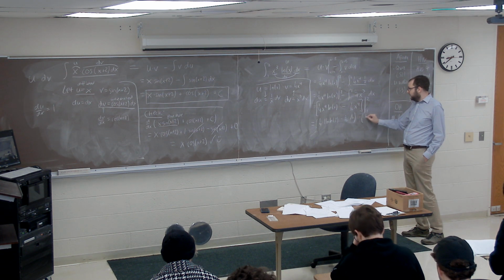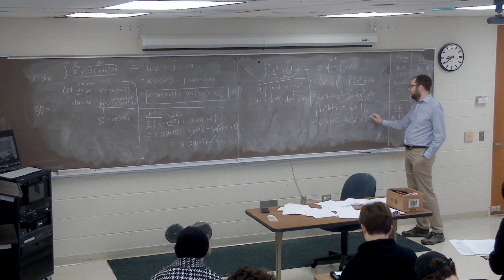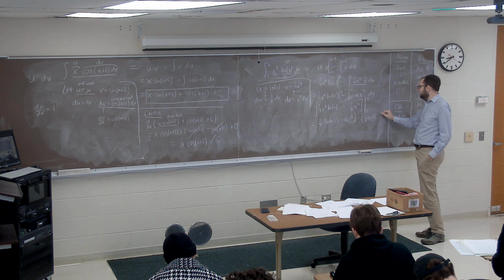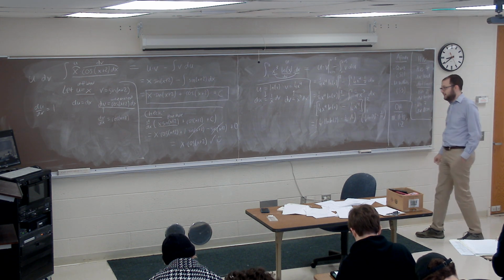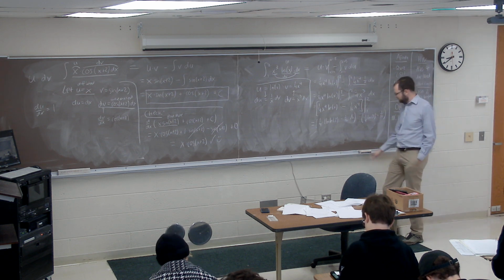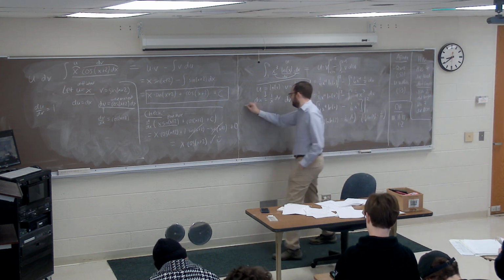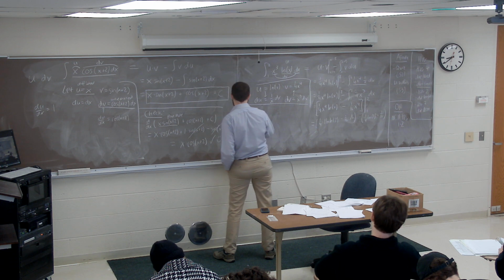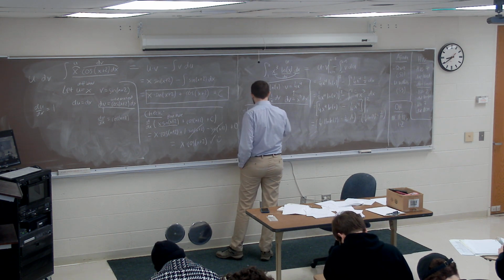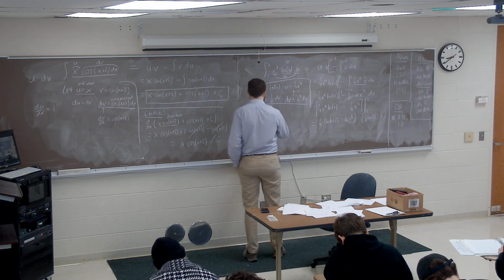Minus 1/4 times 1 to the 4th times natural log of 1 minus 1/16 times 1. I'll move over here so those of you in the back can hopefully see it. That's just going to give us 4 natural log of 2 minus 1.